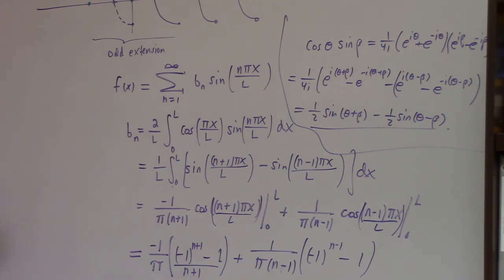Oh, there's a common factor. Look at that. This is common in both places, right? I could have done that up here. I could have just been like 1 minus (minus 1) to the n plus 1 over pi, and then said that it's 1 over n plus 1 minus 1 over n minus 1.